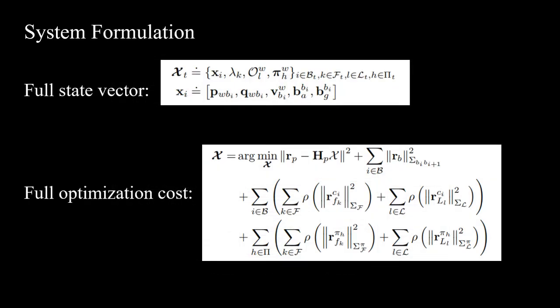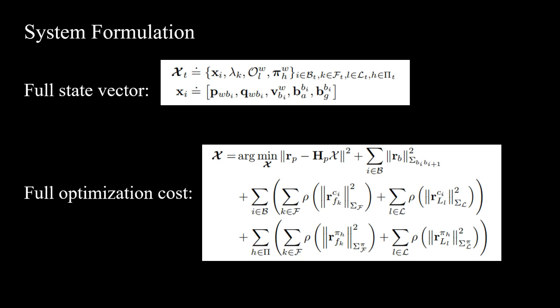We build our VIO system with sliding window optimization, which estimates body states and 3D landmarks by fusing IMU and visual information. The state vector of our VIO system within a sliding window contains the IMU states, point features, 3D line landmarks, and plane states.